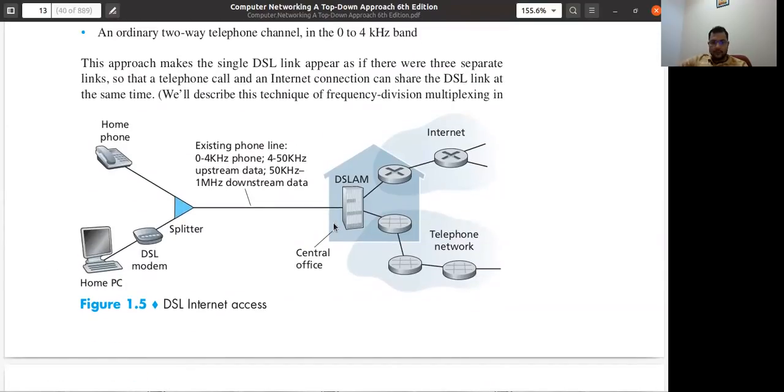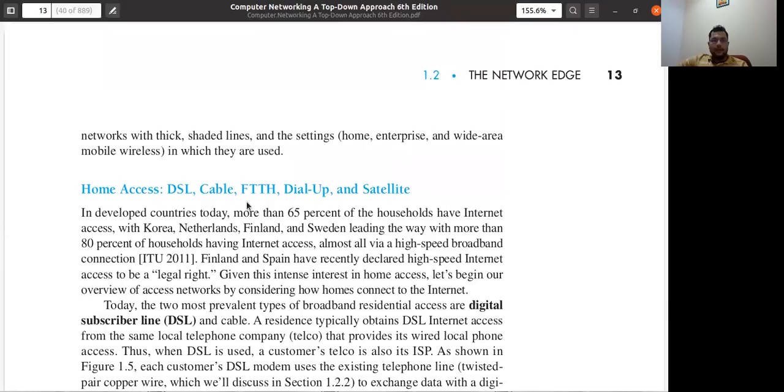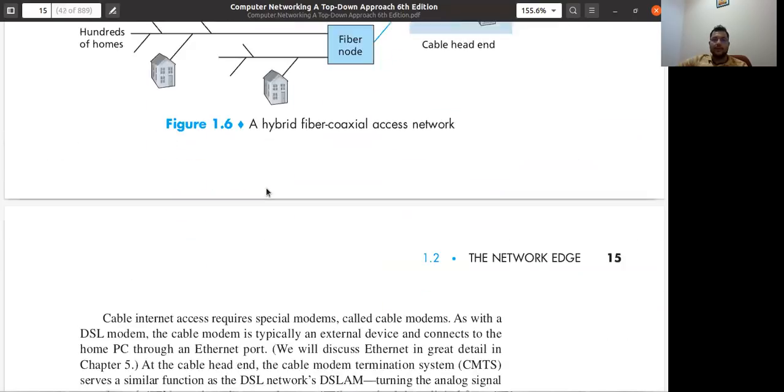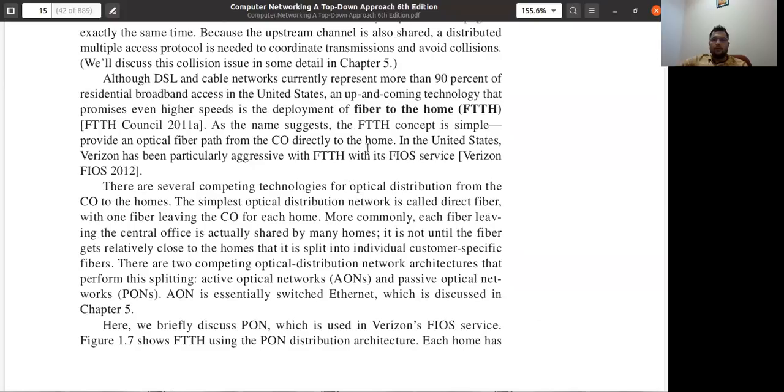Likewise, the channel is copper wire. In case of cable network, it is coaxial cable. Then in case of fiber to home, these are optical fibers. Fiber to the home, there the concept is different.